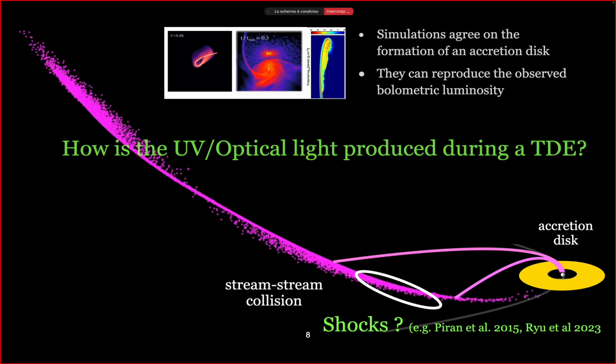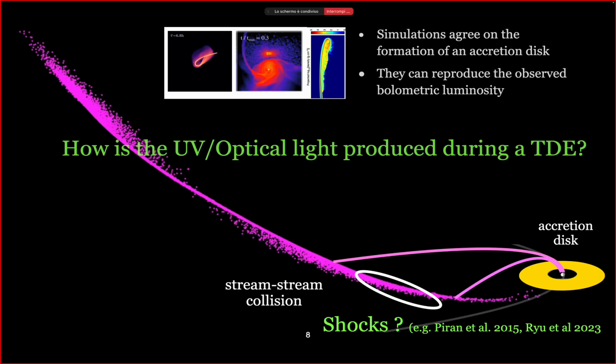That can also happen after the disk has formed: the stream will still be coming into the disk, and the interaction between the disk and the stream can also produce shocks, which can then convert kinetic energy into thermal energy that can be emitted as radiation.